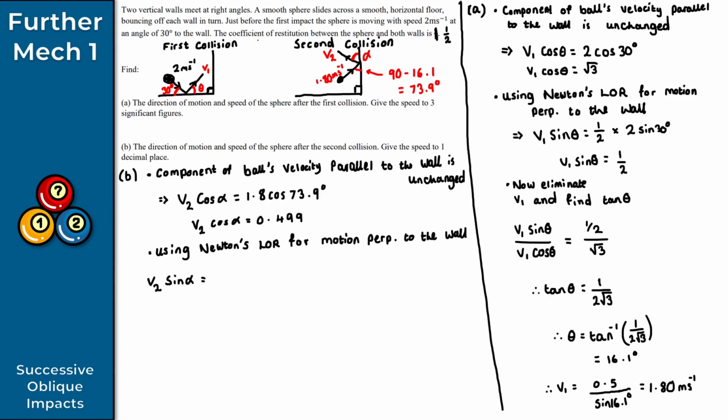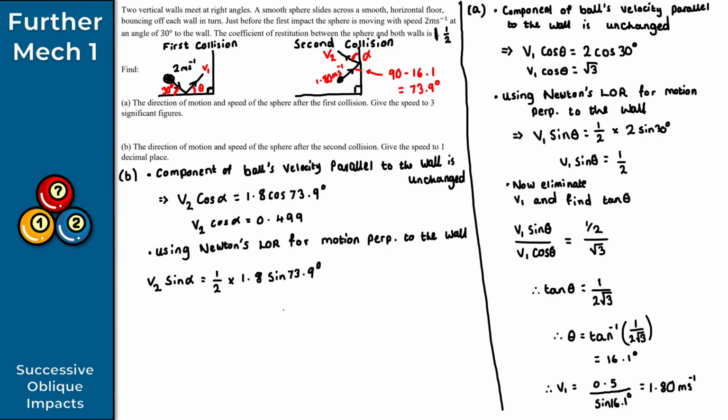The coefficient of restitution here is 1 over 2. So I get 1 over 2 times 1.8 times sine of this angle, 73.9 degrees.